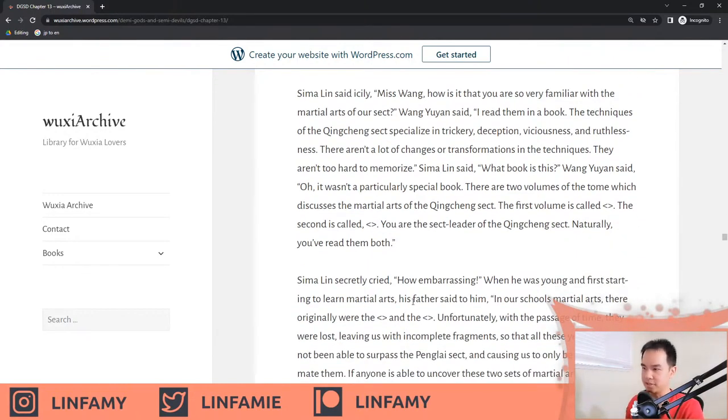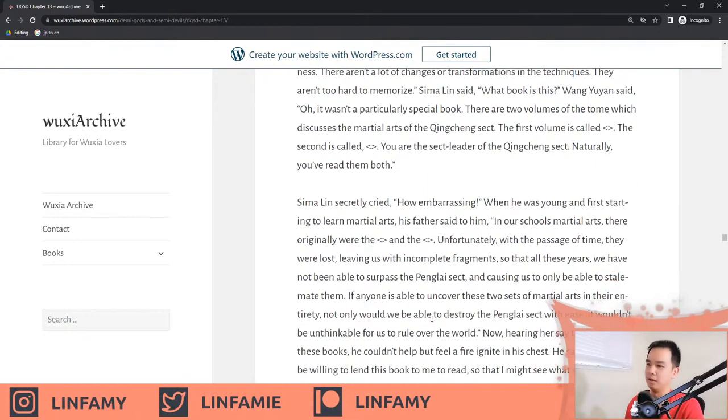"You are the sect leader of the Qincheng sect. Naturally, you've read them both." Sima Lin secretly cried, "How embarrassing!" When he was young and first starting to learn martial arts, his father said to him, "In our school's martial arts, there originally were the blank and the blank.